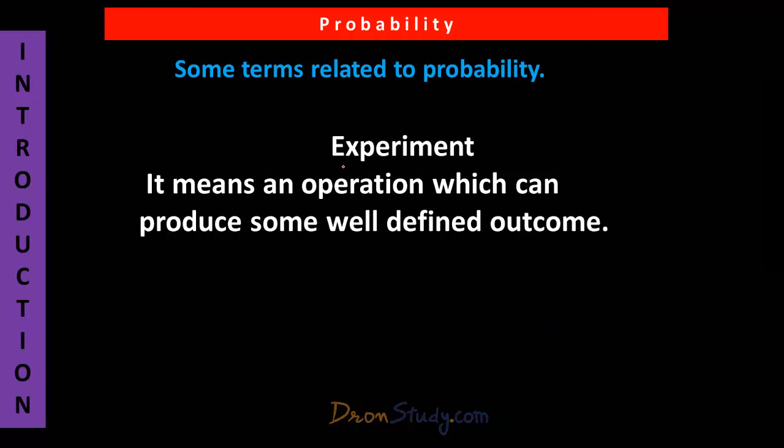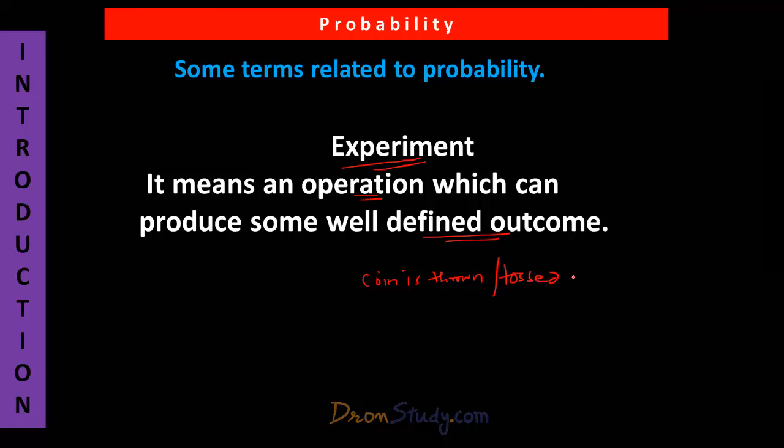Now the second term is an experiment. What is an experiment? It means an operation which can produce some well-defined outcome is called an experiment. Coin is thrown or tossed.